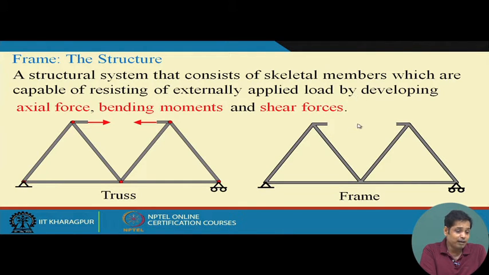So if we break a frame member and then draw the free body diagram of that, then in the free body diagram we have all the forces like beams. We have this axial force, we have shear force, and we have bending moment as well. Now there is one important point to be noted.